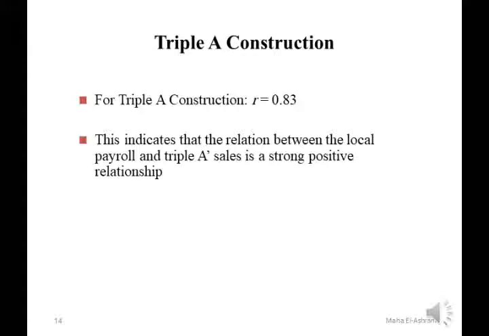So what we need to say is simply that this indicates that the relationship between the local payroll of the company and its sales is a strong, of course, positive relationship. It is positive, and the value is larger than half, which is the indication of a strong positive relationship.